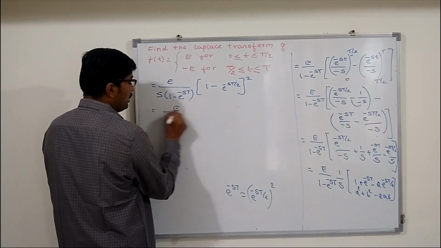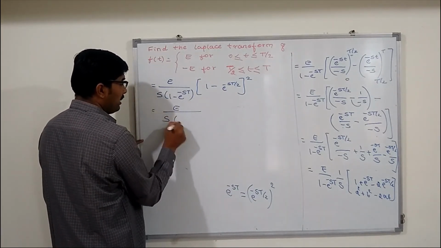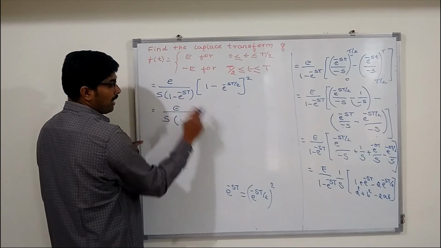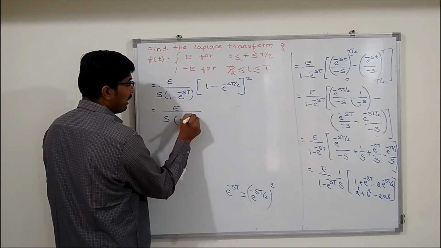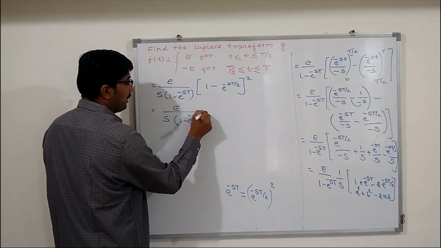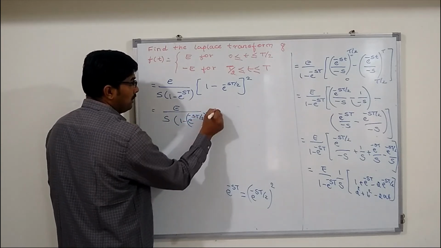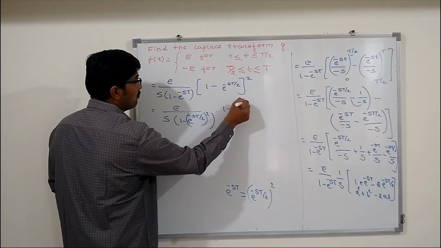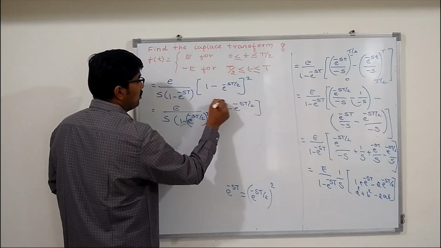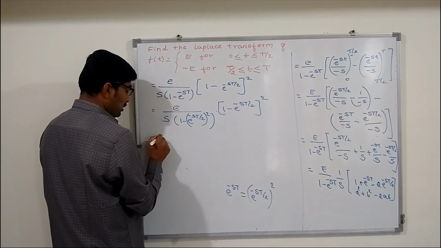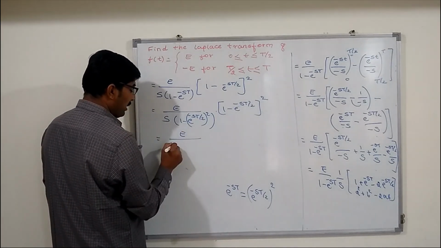This is equal to e divided by s into b. Again here 1 minus e raised to minus st, by using this formula we can write it as e raised to minus st by 2 whole square. This is minus sign into 1 minus e raised to minus st by 2 whole square. So this is equal to e divided by s.